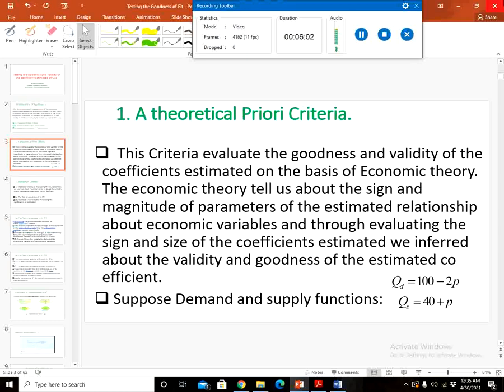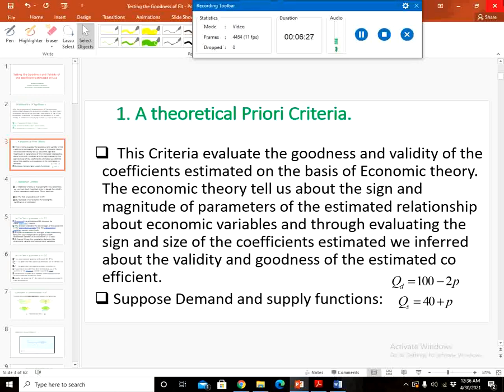For example, economic theory tells us on an a priori basis that there is an inverse relationship between quantity demanded and the price of any commodity. It means that whenever the price increases, quantity demanded decreases, and vice versa.